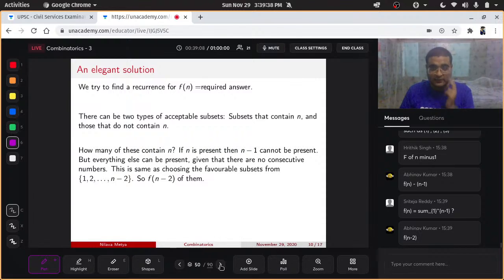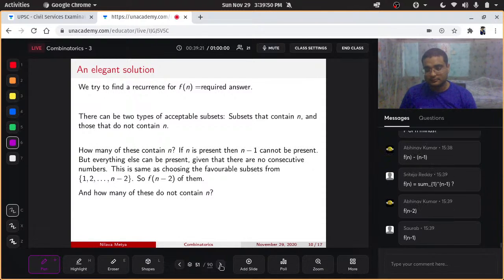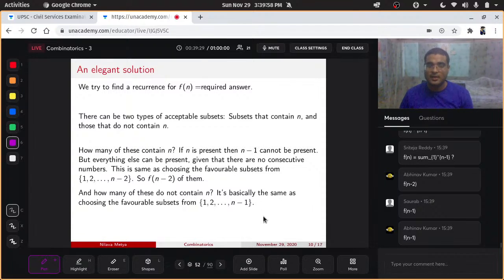Another case is that n is not present. How many such subsets are there which do not have n in them? f of n minus 1, correct. Leaving out n, anything can happen.